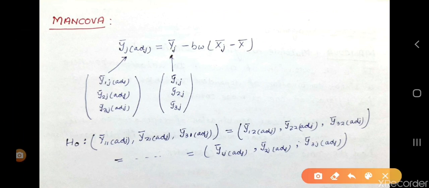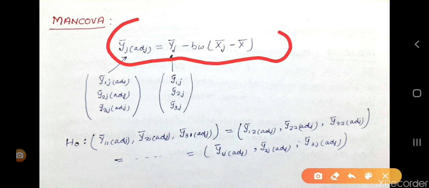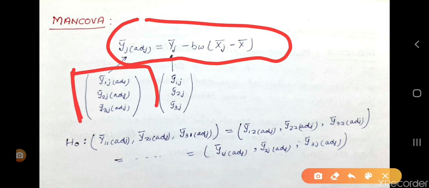Now the model equation for MANCOVA is written this way. Okay, where Yj adjusted is a combination of various dependent variables.